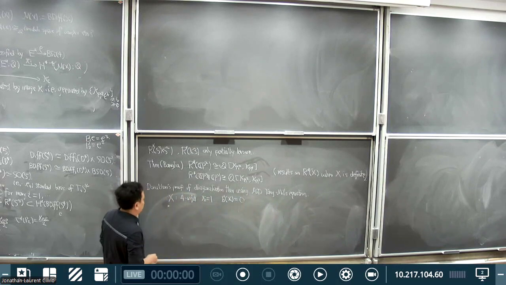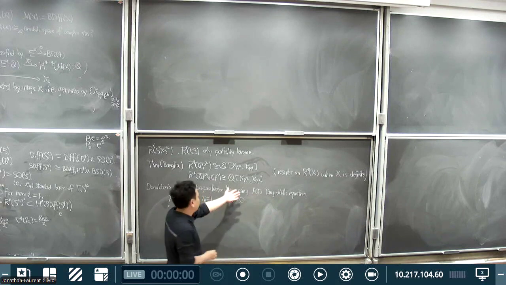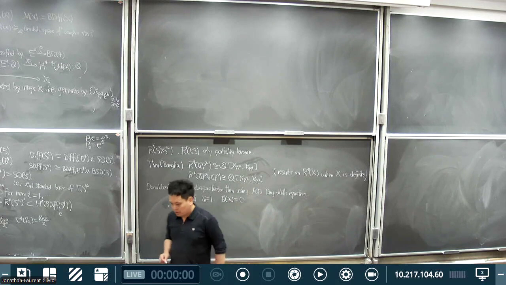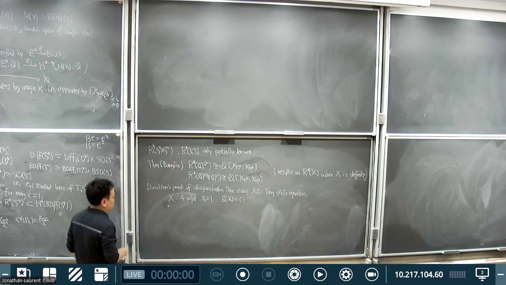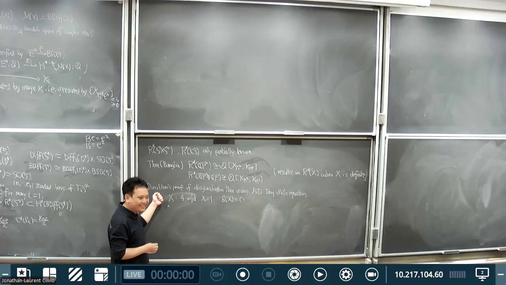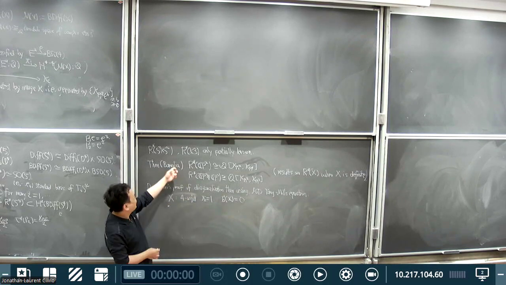And how to do that? Tom already talked about the proof using Seiberg-Witten theory, right? So I'm going to do the proof using Donaldson's theory. I will sketch a proof using Donaldson's theory, then try to generalize this proof into a fake proof of this theorem.